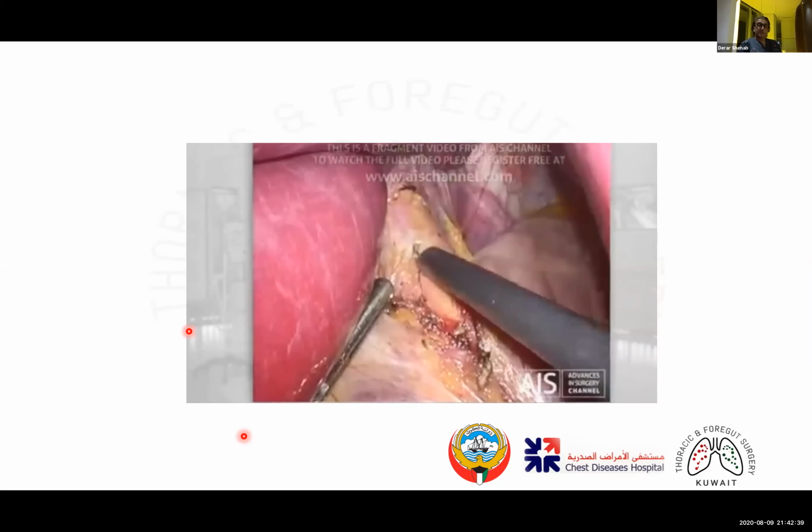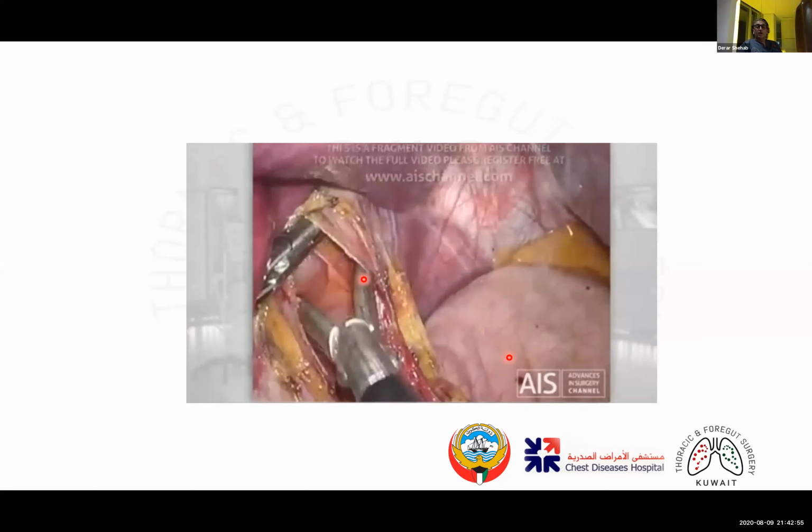We'll see it shortly. So the myotomy required is you need 4 to 5 centimeters on the esophagus, and you have to do the myotomy probably 2 to 4 centimeters on the stomach.